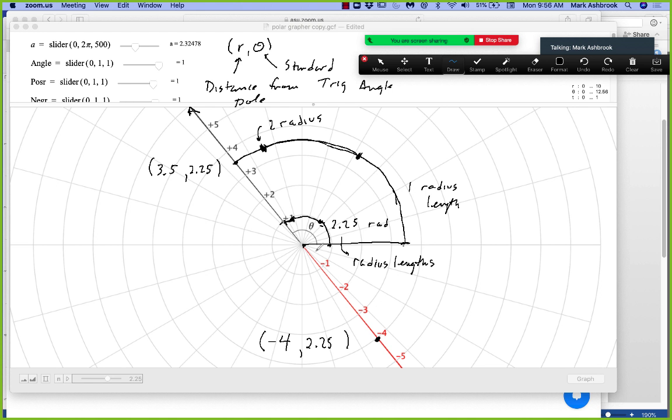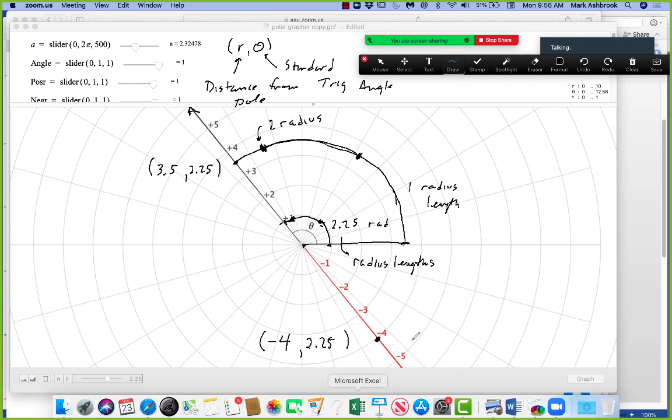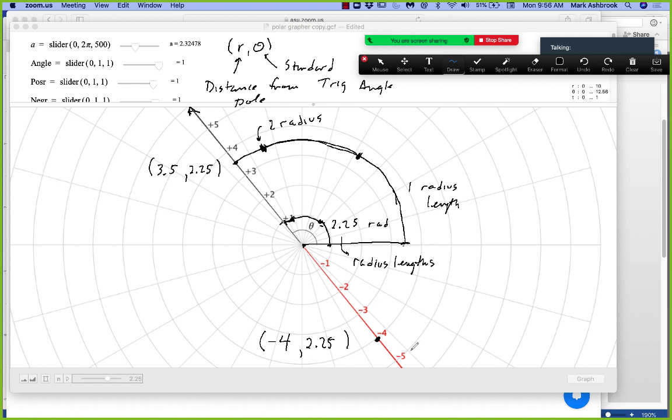So when we sweep the angle of 2.25 radians, it points us this way. That's for positive r values from the pole. Negative r values will go in exactly the opposite direction as the terminal ray of the angle. And we will definitely practice that.